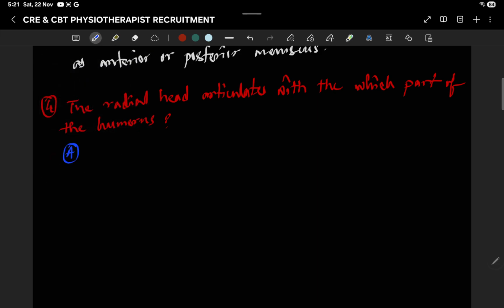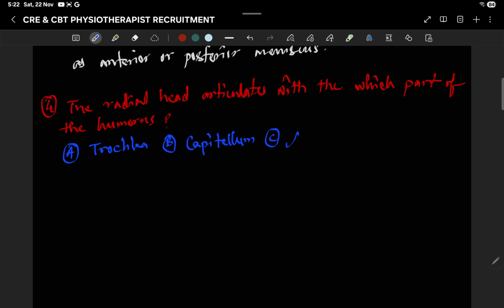Number A, trochlea. Number B, capitulum.